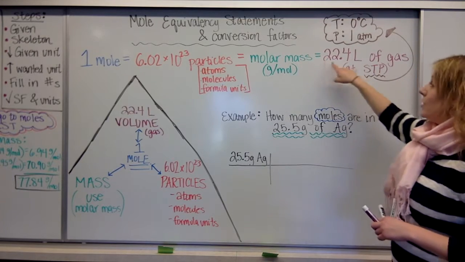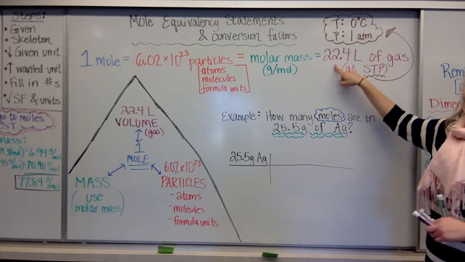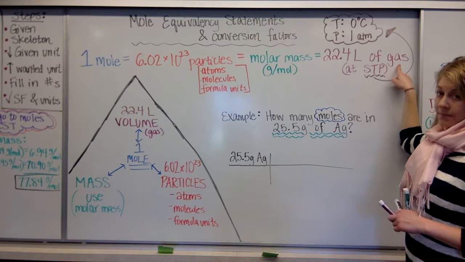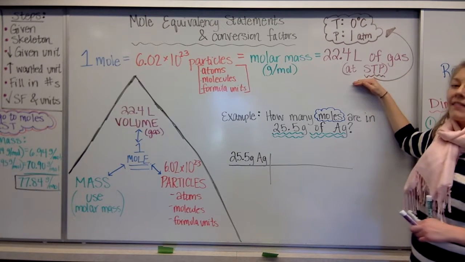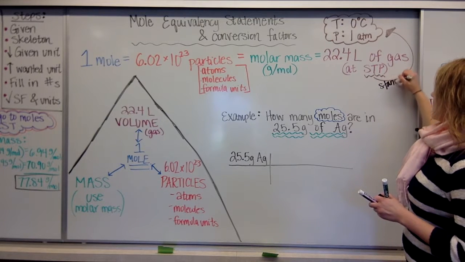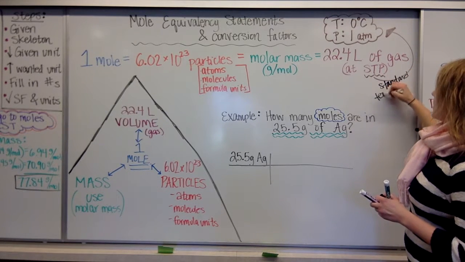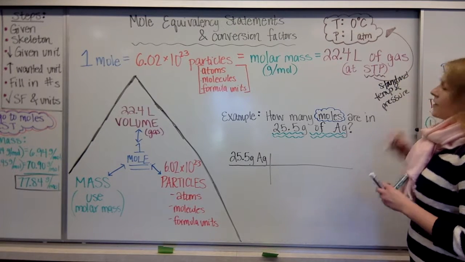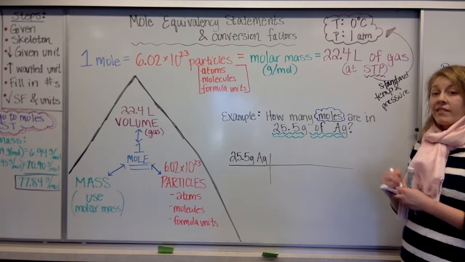It's also equal to 22.4 liters of a gas, only a gas, not a solid, not a liquid, and only when it's at STP. And what we mean by STP is standard temperature and pressure, right? Now, this isn't incredibly important right now. We will see it more.